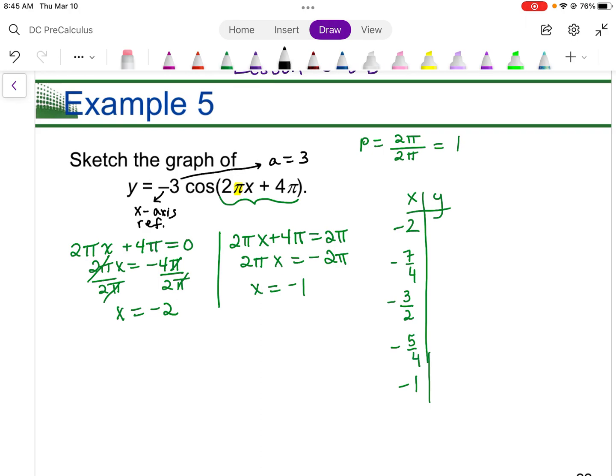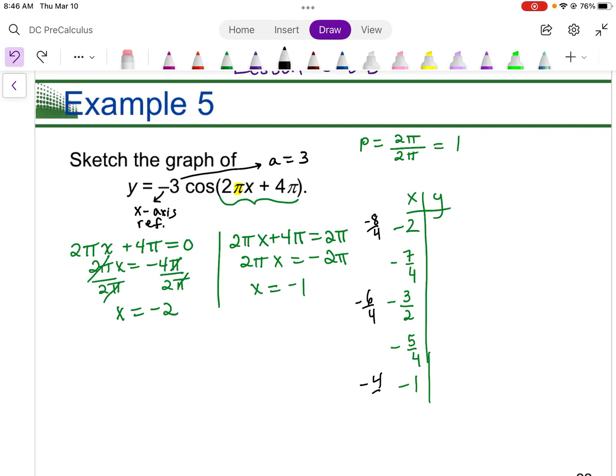Now, if that was too crazy for you, you can always think of it this way. -2 is -8/4. Then I have -6/4, and I have -4/4. And if you go to the middle of each of these, you're going to see -7/4 and -5/4. So hopefully that helps you understand the numbering for your x's here.